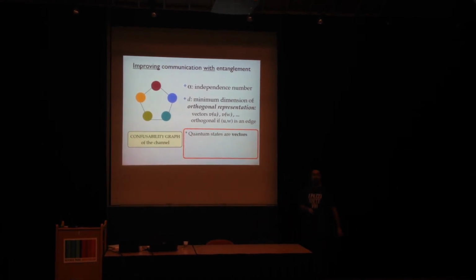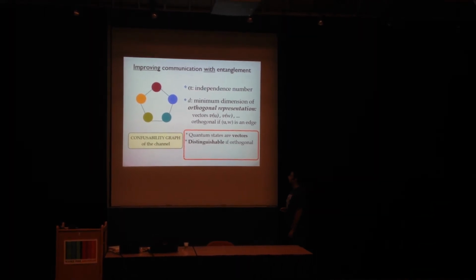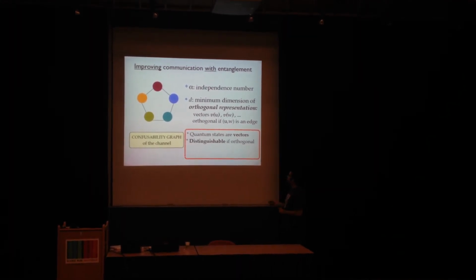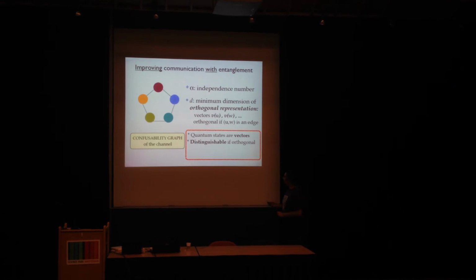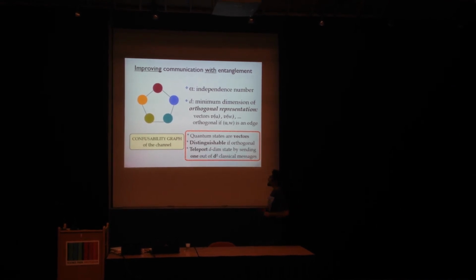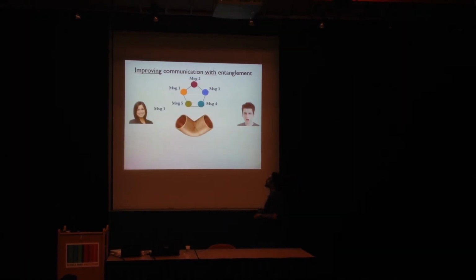Quantum states are vectors. They are d-dimensional complex vectors. And quantum mechanics tells us that two quantum states are perfectly distinguishable if and only if they are orthogonal. And to teleport a d-dimensional state, we have seen before, it is sufficient to send one out of d squared classical messages. So this suggests the following.